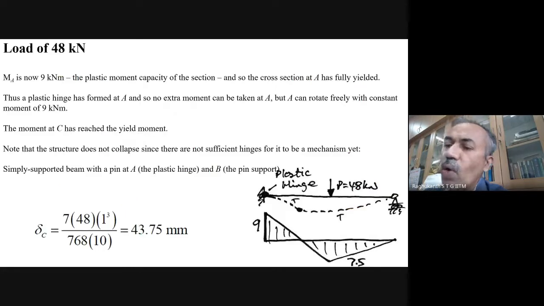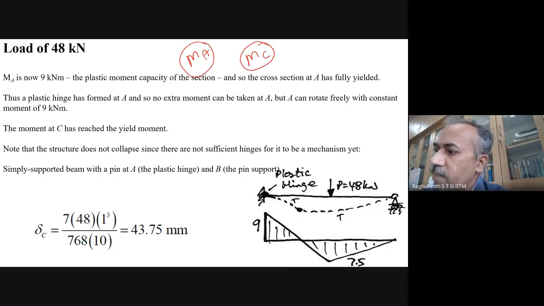Now, when you increase the load to 48 kilonewtons, once again you calculate MA and then MC. Now what is the bending moment at A? If you substitute here, what is your observation?